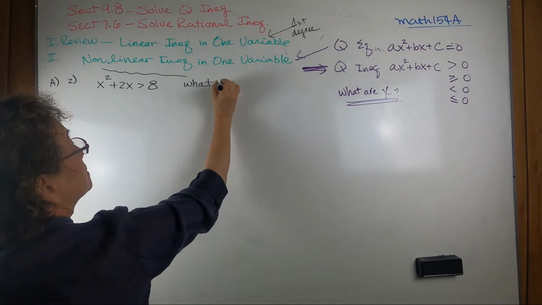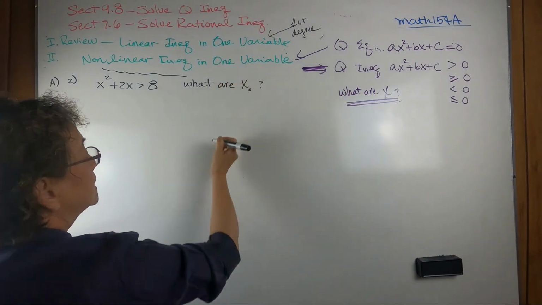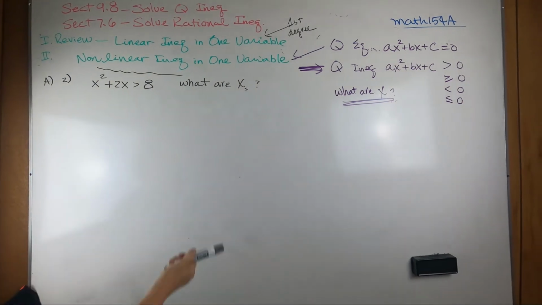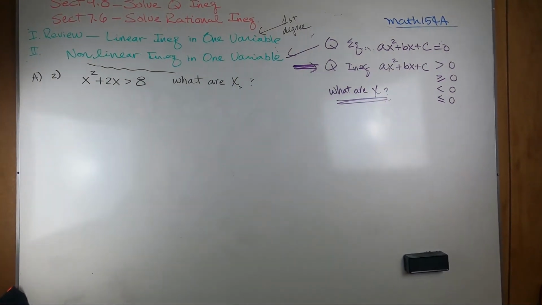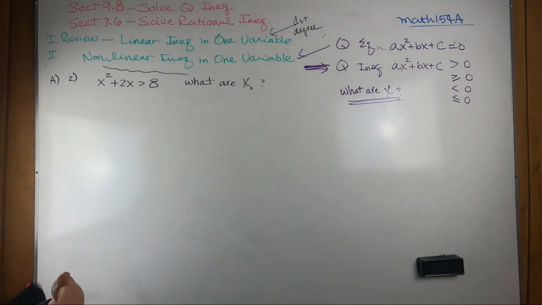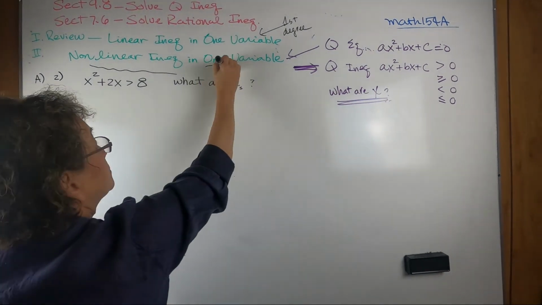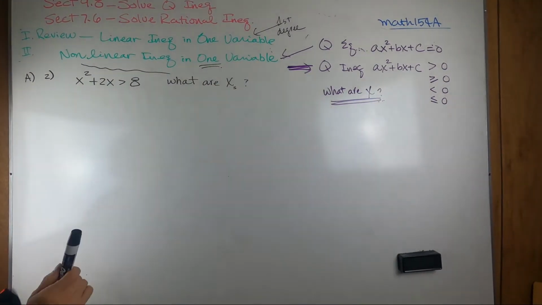It means what are our x's that can fit in this situation, right? Just like a linear, you might have many answers. So you have to use the graphs or interval notations to show. We are talking about one variable right now, for x.